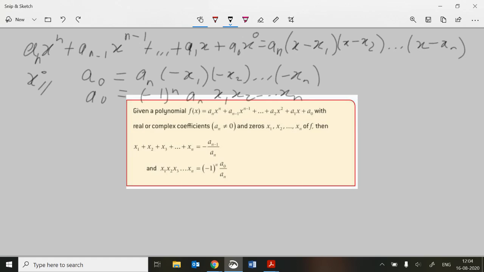Now if we take the second term, just like we did with our cubic, we're taking x to the power of n minus 1 and comparing coefficients. So the coefficient a_(n-1) is equal to, and remember that there are n ways of bouncing between those brackets to give you x to the power of n minus 1.